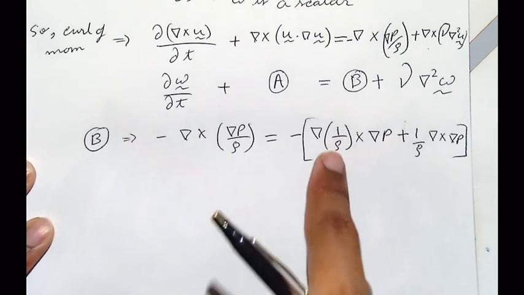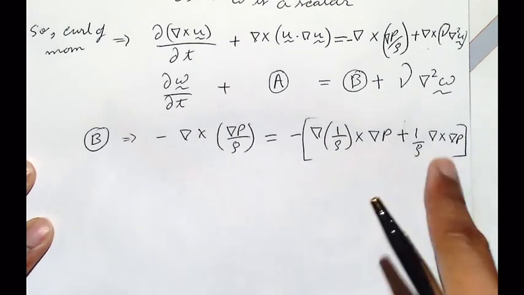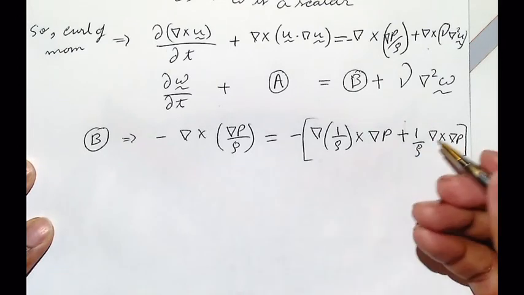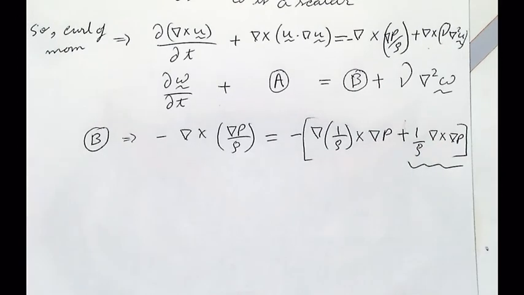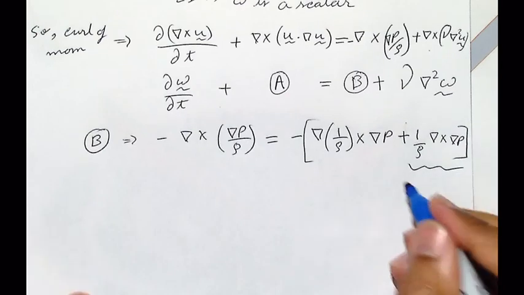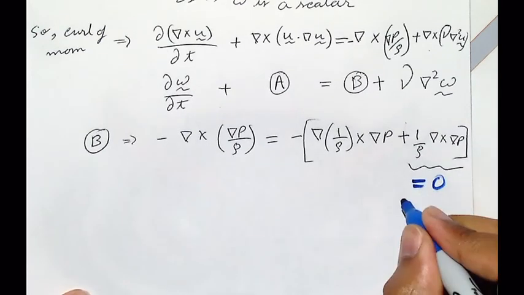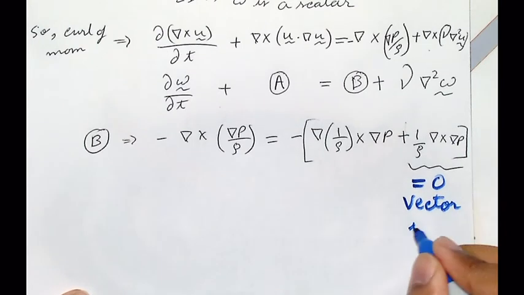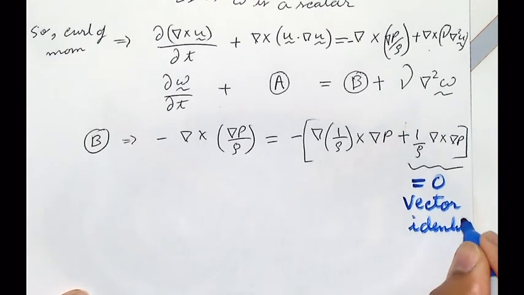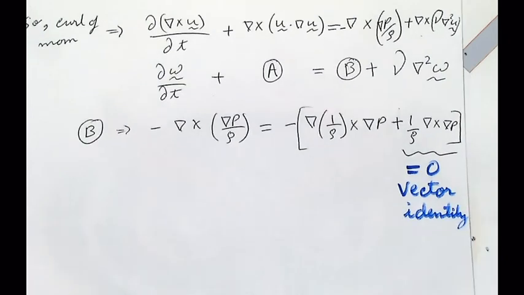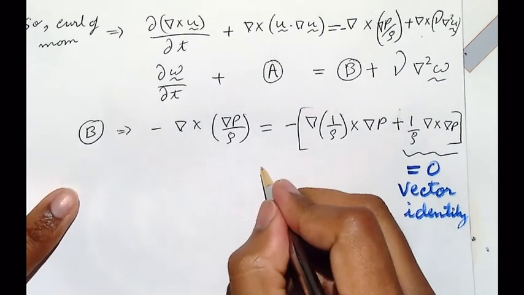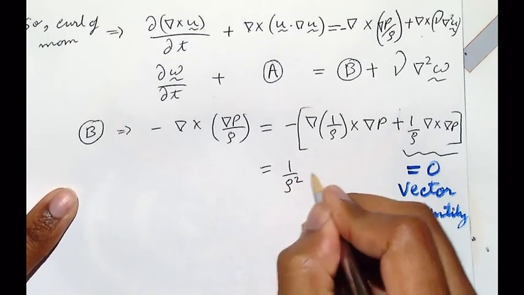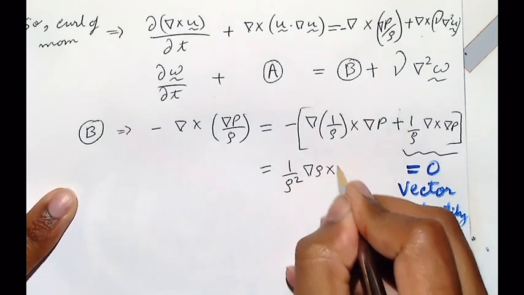That becomes the derivative of variable 1 crossed with the other. And so this term is actually equal to 0. This is a vector identity, and it's very easy to show. But this term becomes equal to 1 over rho squared nabla rho cross nabla p.